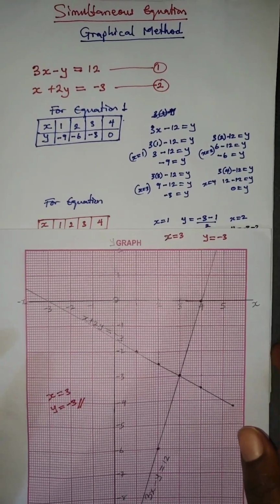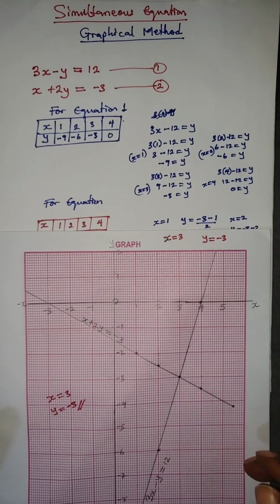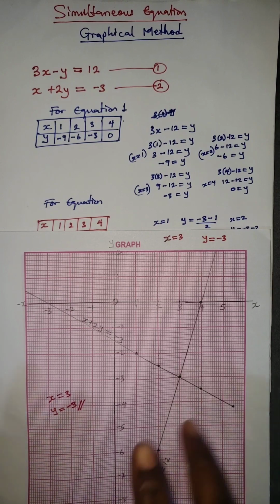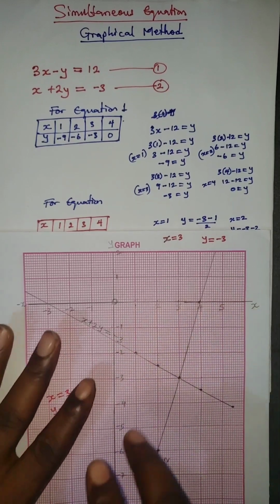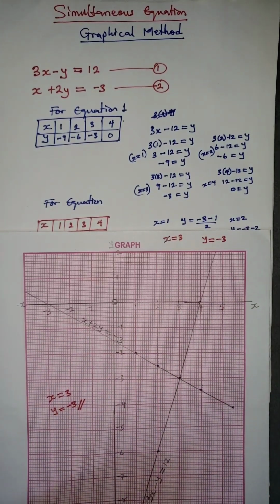So the next thing we are going to do is to use the second method that we used in linear graphs to see if that can work in plotting simultaneous graphs. In this second example, we are going to use the second method of plotting a linear graph in solving this simultaneous equation.